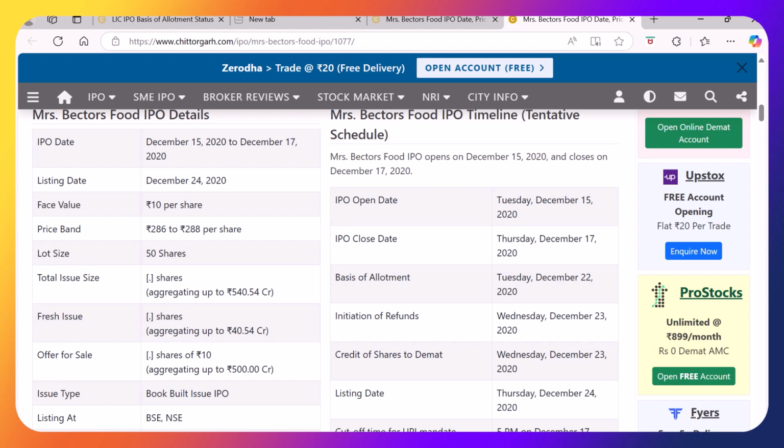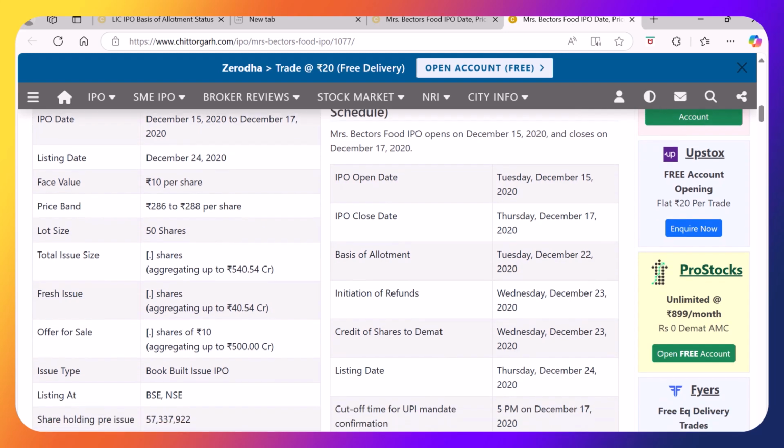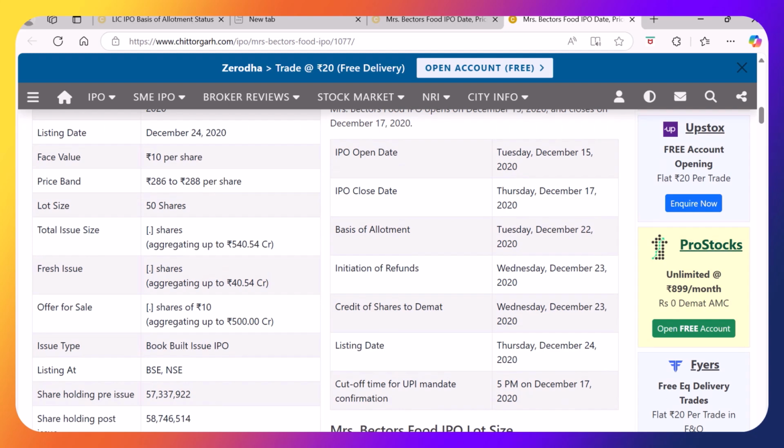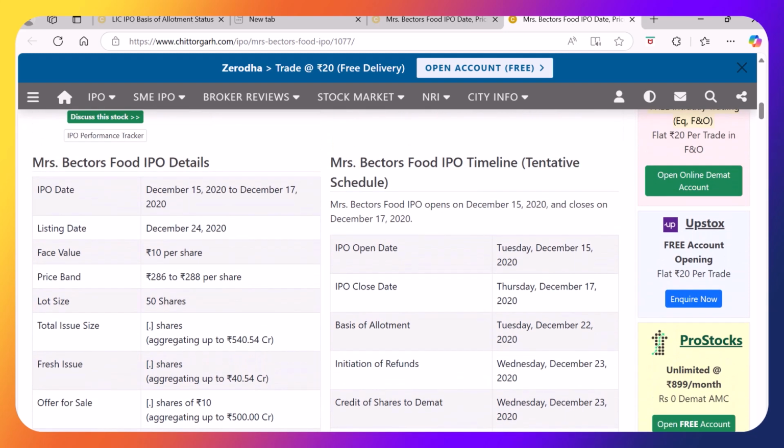For the total issue size, we don't know how many shares or what the price of the share is, because the price will be determined only after the bidding. That's why it's written as blank, but we know the overall size of the issue was 540 crores, with a fresh issue of 40 crores and an offer for sale of 500 crores. It was a book build, and the share got listed on the Bombay Stock Exchange and the National Stock Exchange.